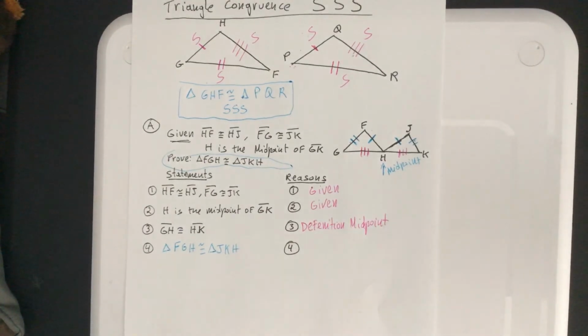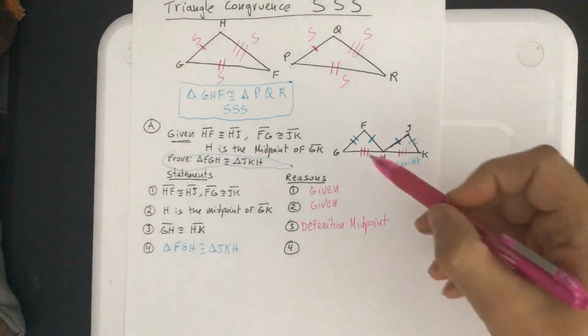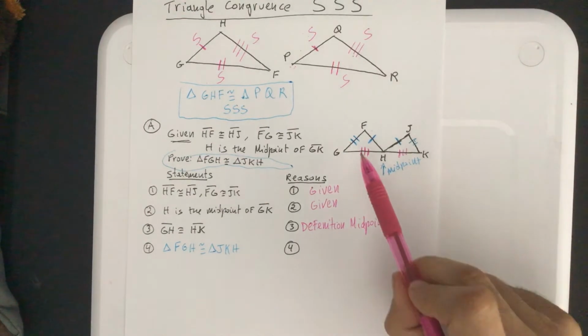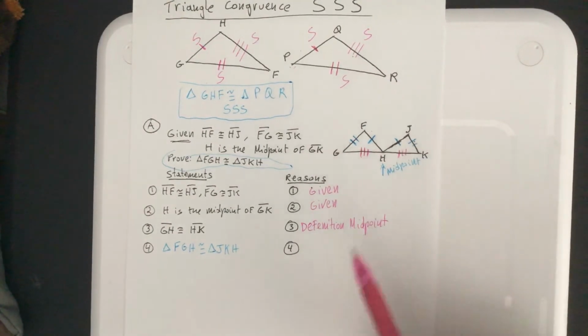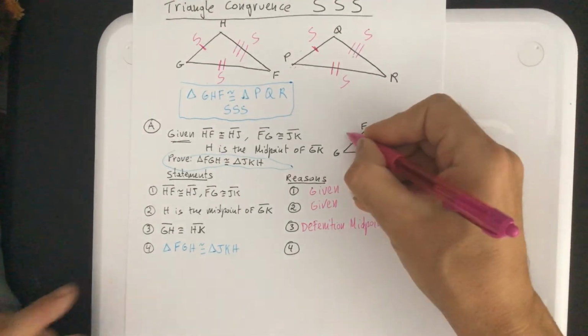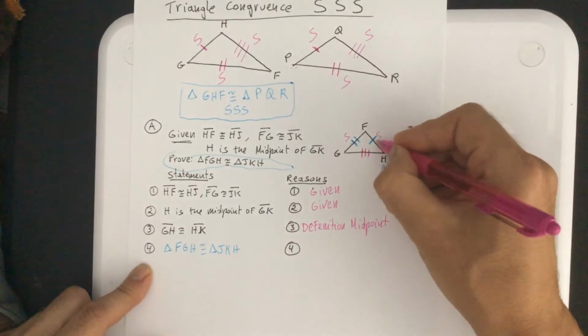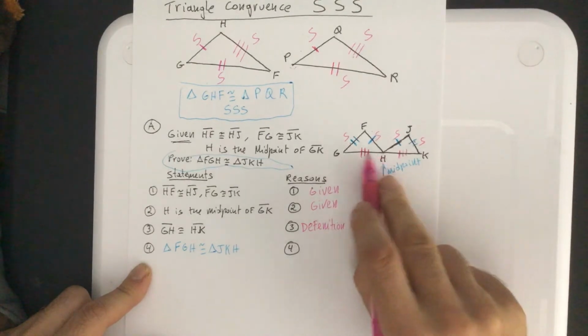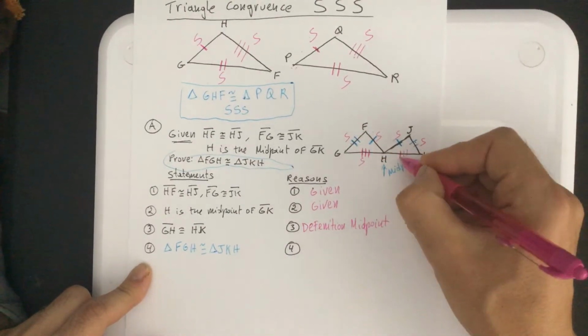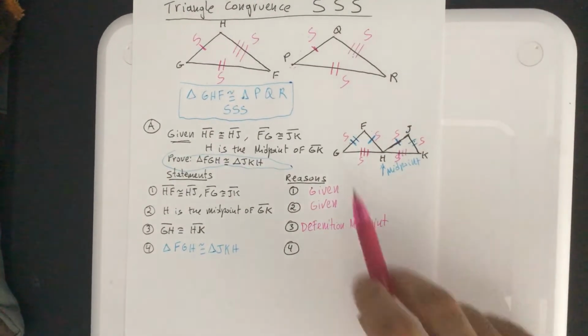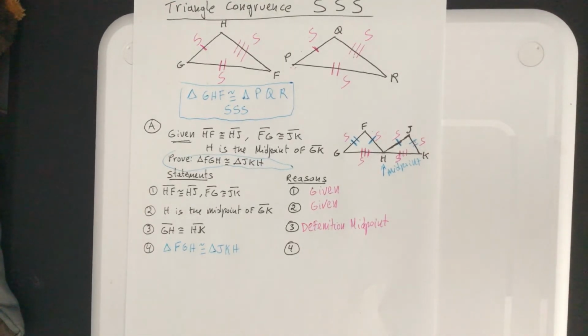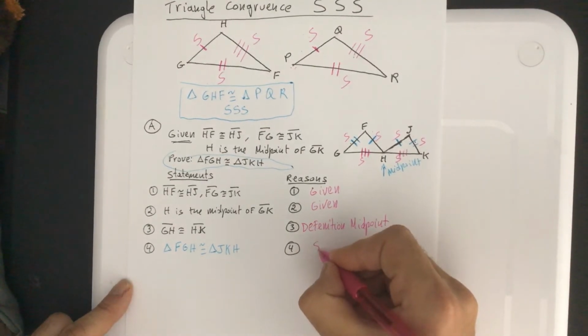Now, what is the reason? Well, the reason is side, side, side. We know that this side over here is congruent to this one, and that's S. We know that this side is congruent to that one, and also we know that this side is congruent to that one. So we have enough reason now to tell that these two triangles are congruent to each other by the postulate SSS.